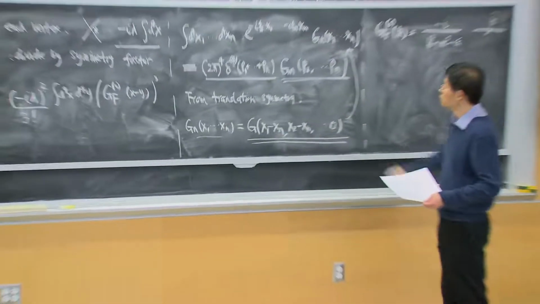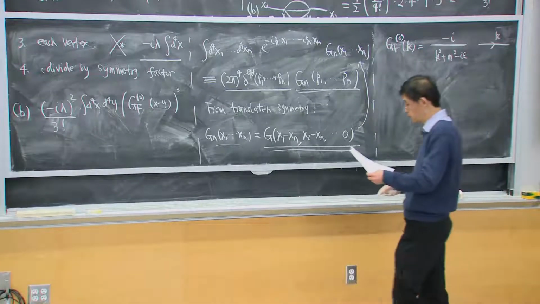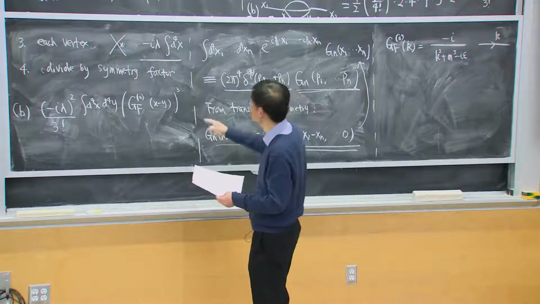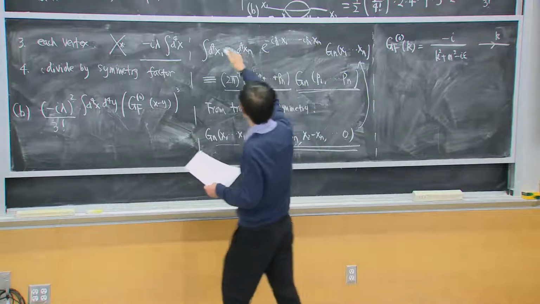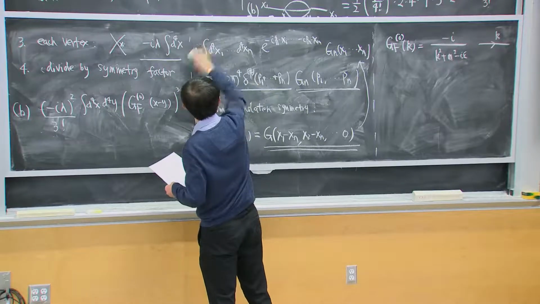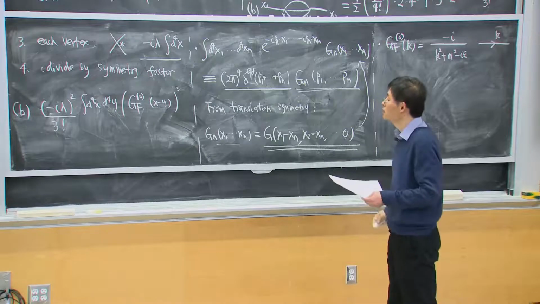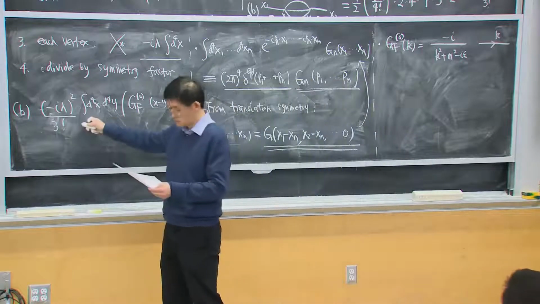Okay, so this is one point, another point, and the third point. In order to go to momentum space, let's mention several points. Here is one point, and here is another point. Also now let's look at the vertex, okay?